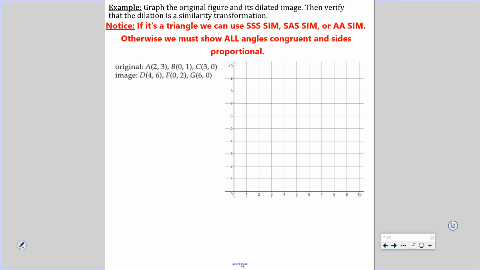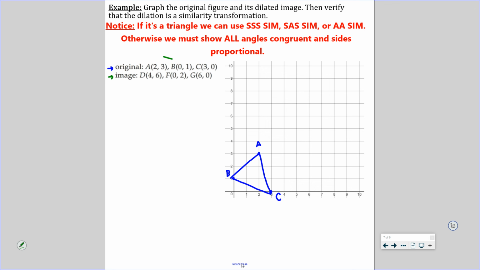I'm excited. Graph the original figure and its dilated image, then verify that the dilation is a similarity transformation. All right, here's the original. I'm going to graph this one in blue like I have been. 2, 3, 0, 1, 3, 0. A, B, C. What shape is this? Triangle. Good. All right, its image. Image means the figure after we perform the dilation.